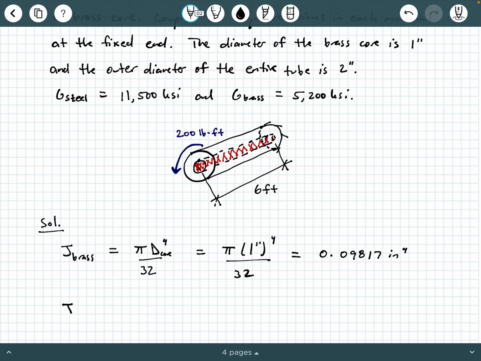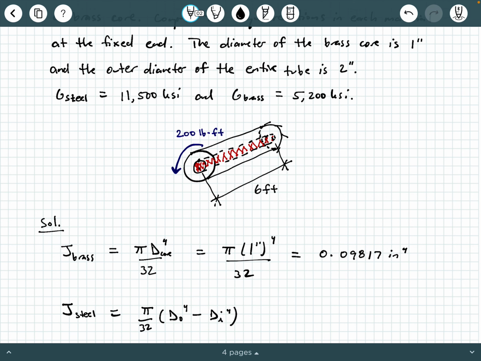Now let's go ahead and get the polar moment of inertia of the steel tube, all right? So the steel tube is an annulus, right? It's a ring. So because it's a ring, we're going to say that that's pi over 32 multiplied by the outer diameter of the entire shape to the fourth power minus the inner diameter to the fourth power, okay?